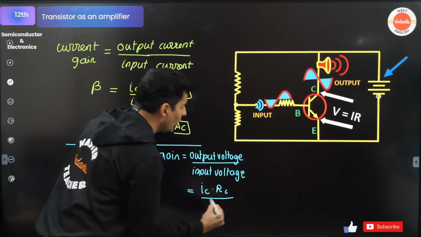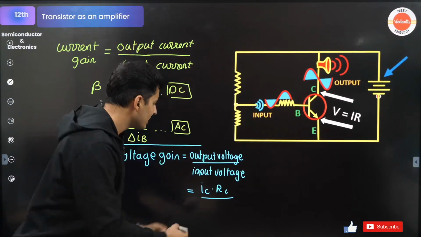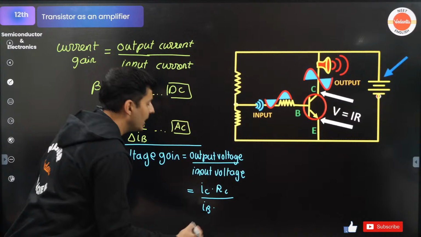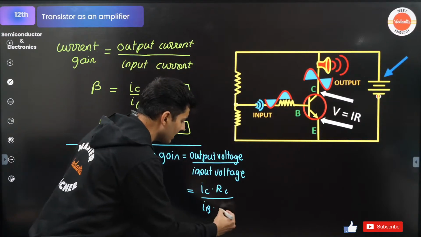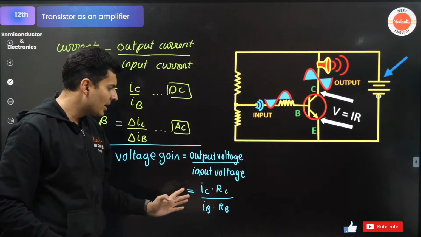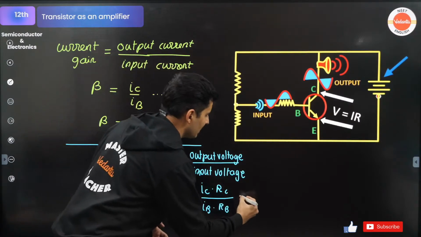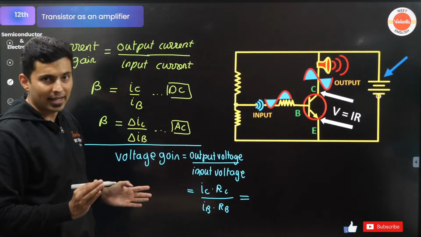And upon input voltage, do you see the current over here is IB, and there might be some resistance near the base, so it is basically RB, correct? So that is nothing but your gain in the voltage.